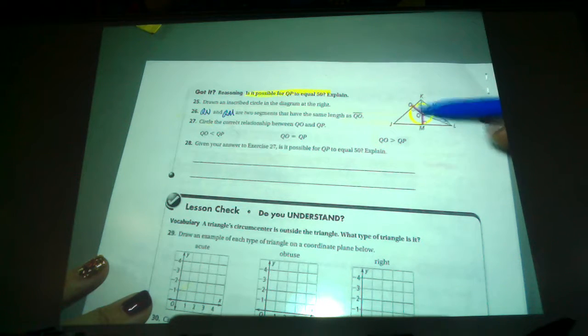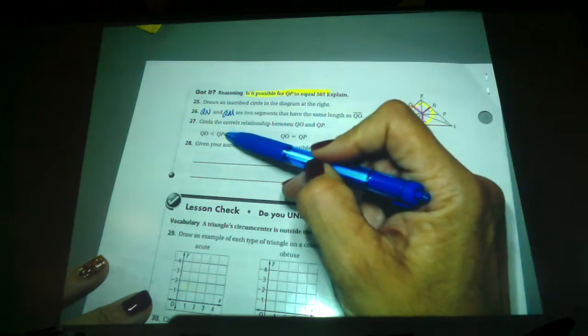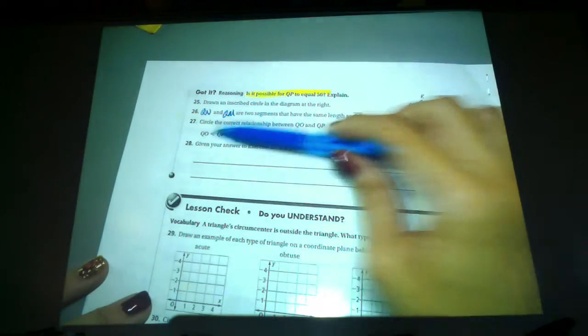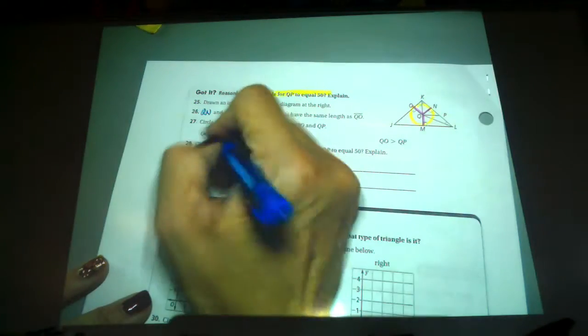From here to here is the radius of the circle, right? From here to here is that same distance, radius, right? So what would you say about QP in relation to QO, just by drawing that circle and triangle? Yeah, this is greater than this one. So QP, if I read this backwards, is greater than QO. So this one would be wrong, because this one is saying QO, if you read it this way, is greater than QP. So we want this one.